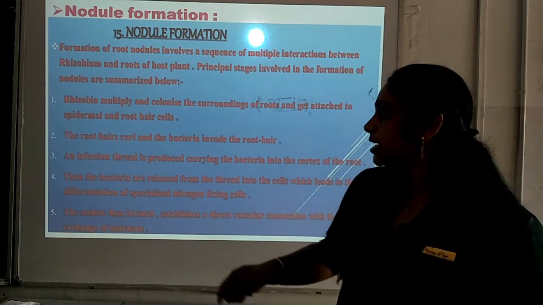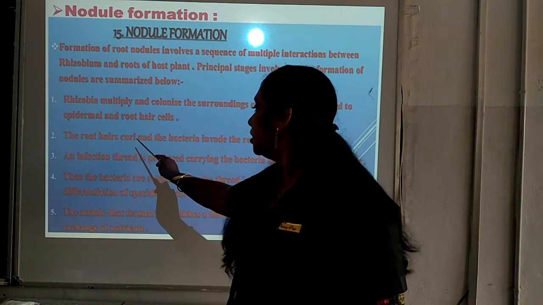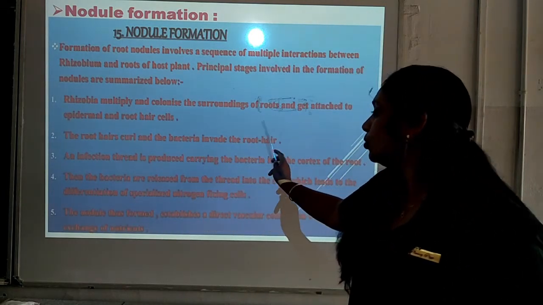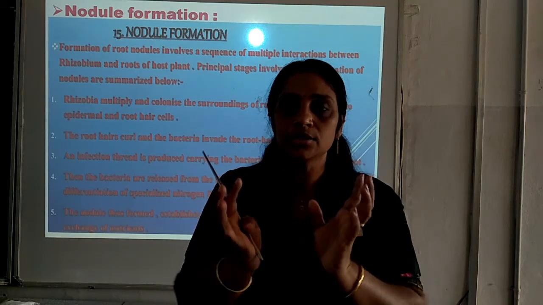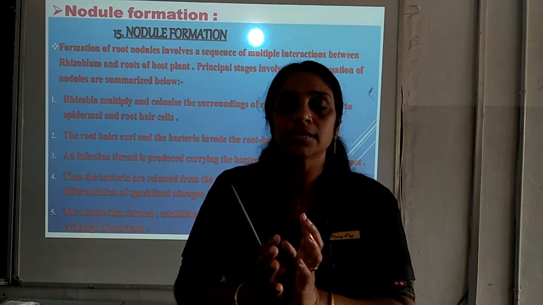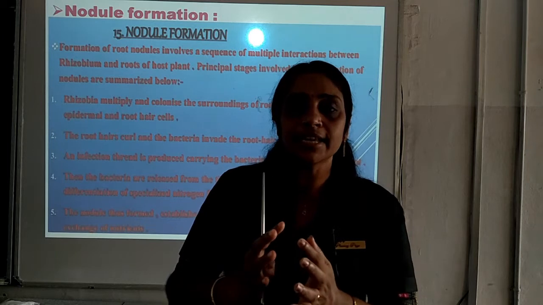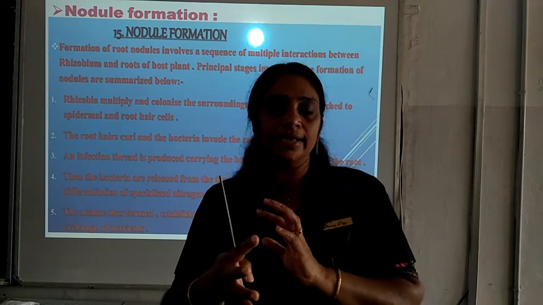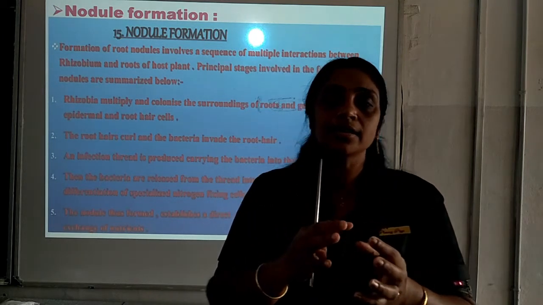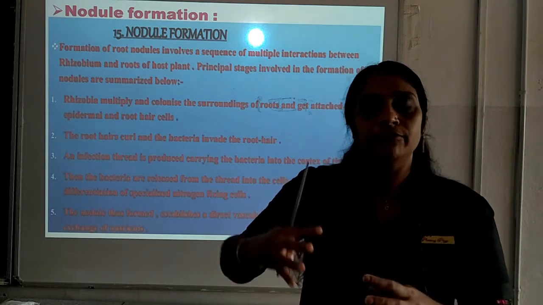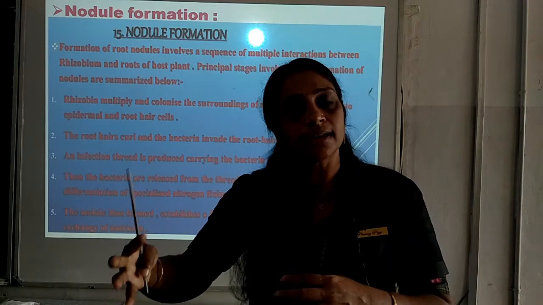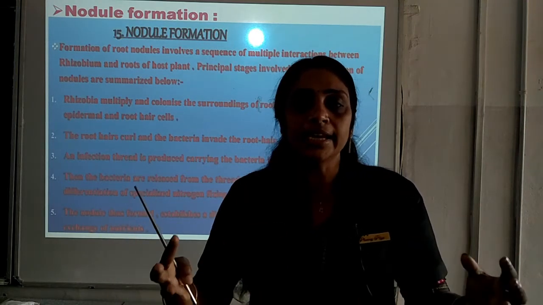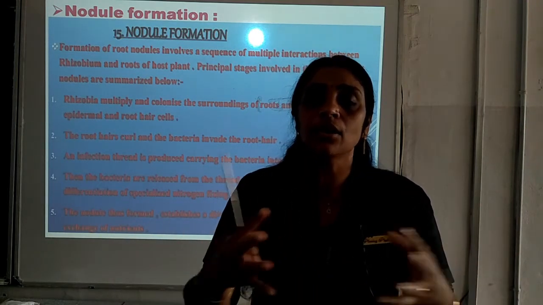In the second stage, the root hairs curl and the bacteria invade the root hair. As the bacteria are surrounding this root hair, a chemical interaction takes place between the bacteria and the root hair cells. The bacteria produce a chemical, and a chemical is produced from the root hair cells, and in between them there is a conversation.